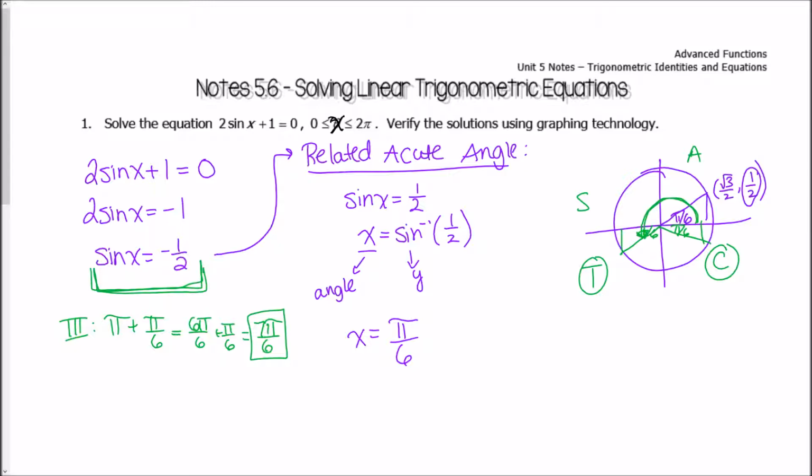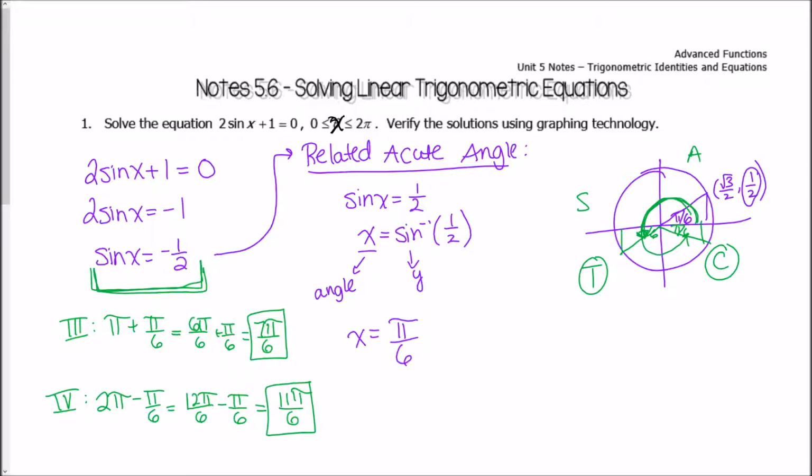Then in quadrant 4, it's all the way around here, so it's pi/6 shy of my 2 pi. So in quadrant 4, it's going to be 2 pi minus pi/6, and I know that 2 pi is 12 pi/6, minus pi/6, so I end up getting 11 pi/6 right here. And those are my two answers.